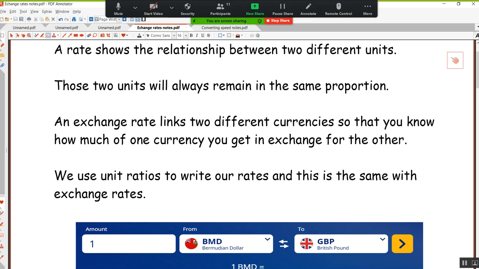Do you know? I think the silence is no, you don't know. And no, I don't think you can, guys. I think Bermudian dollars, we can only really use those in Bermuda. So we're always going to have to change our money.